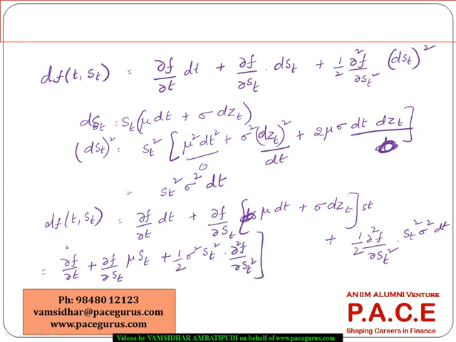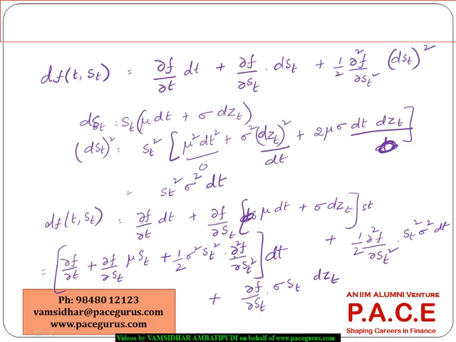This entire thing is multiplied with dt, and when I am talking of dzt I am getting ∂f/∂st sigma st dzt. This is what I've got here.